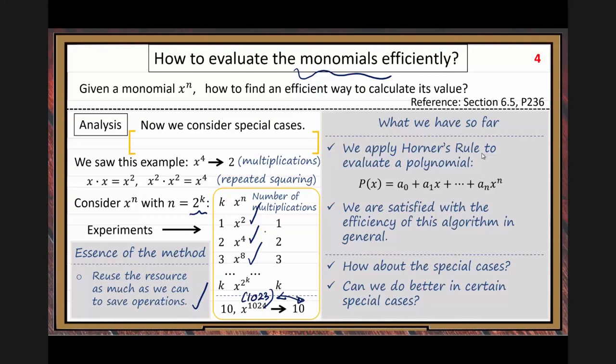We're willing to pay some little cost to store our intermediate results, but that can save a lot of time. When we calculate x to the 2 to the kth power, using older resources, we can do it much faster. So the idea is: reuse your resources.